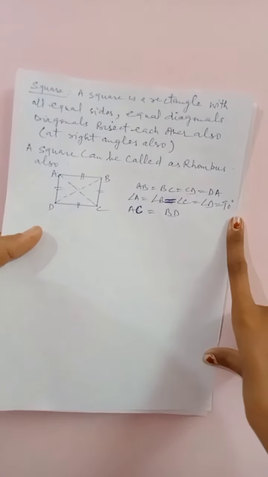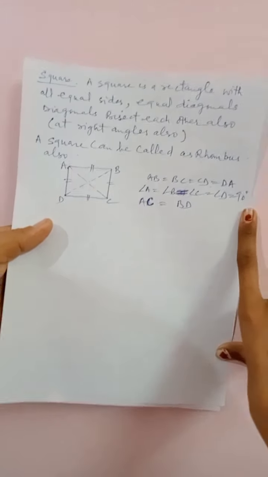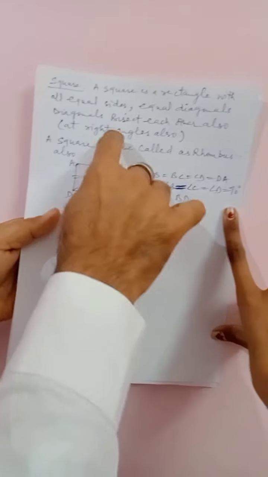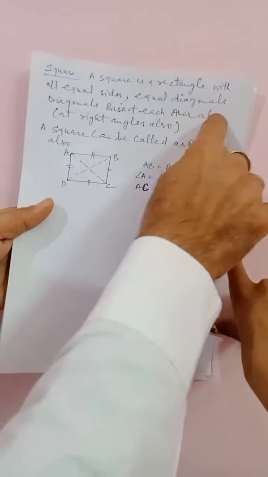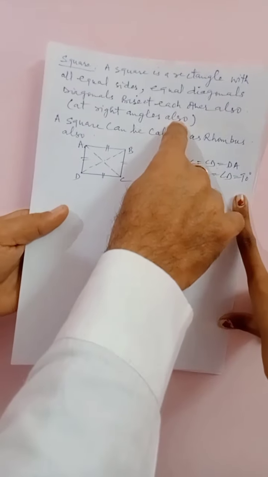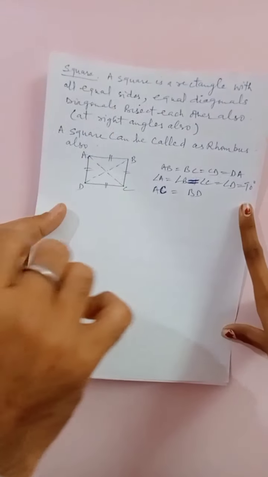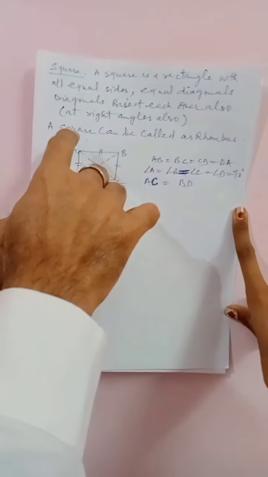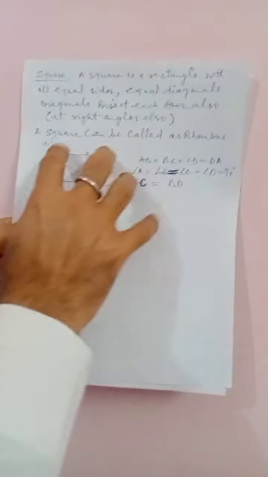This was not the case in a rectangle. Here in the case of a square, the diagonals bisect each other at right angles. This is the beautiful property of a square.